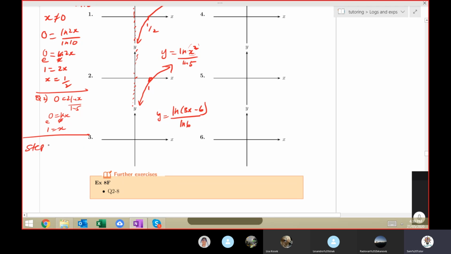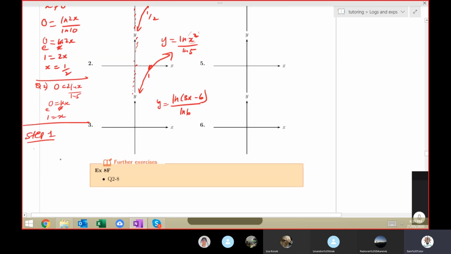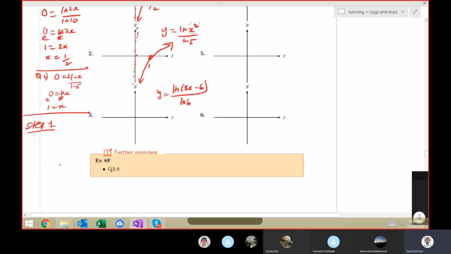Step 1, make this log of thing equal to 0, because that is where you can't have a value, because you can't log 0. So anyone tell me what I'm going to write as my step 1? What equals 0? We put x equals 0.